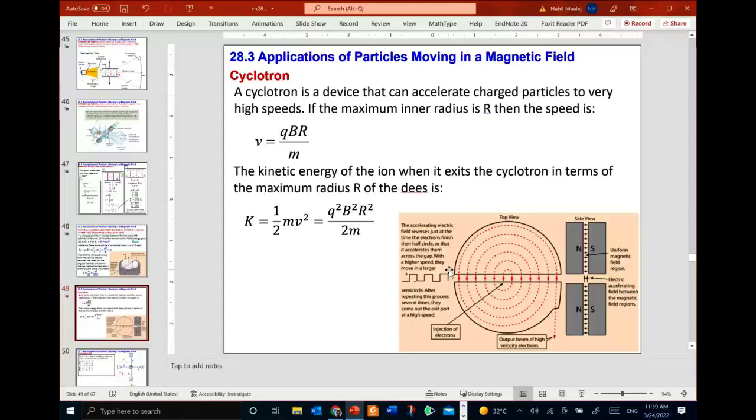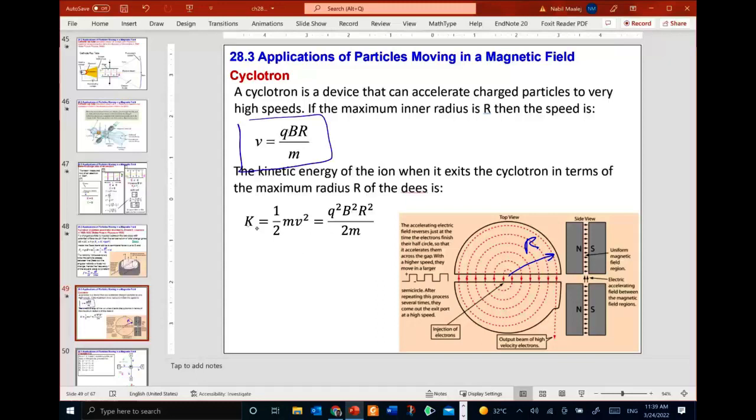Okay? So here I'm just displaying the kinetic energy is 1/2 mv squared. And if you want to determine the kinetic energy of the particle when it leaves the cyclotron, you have to know what this radius, r, is. And you can replace v with QBR over m.